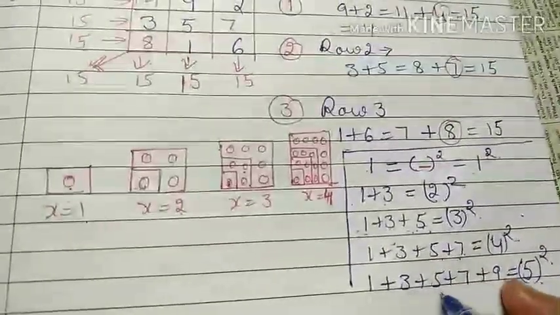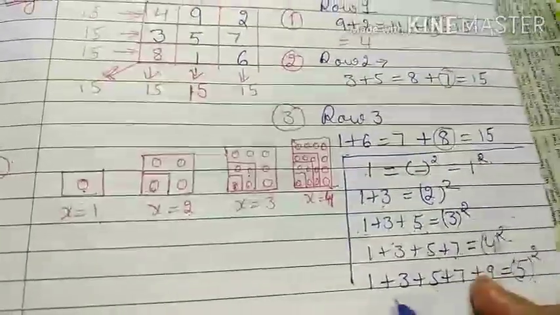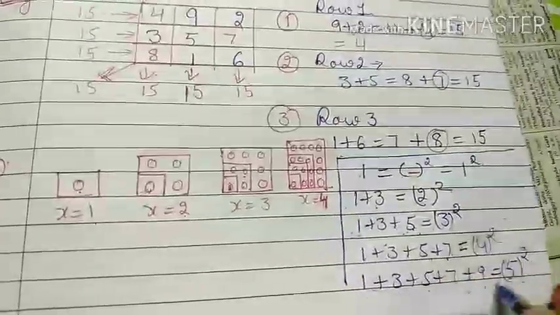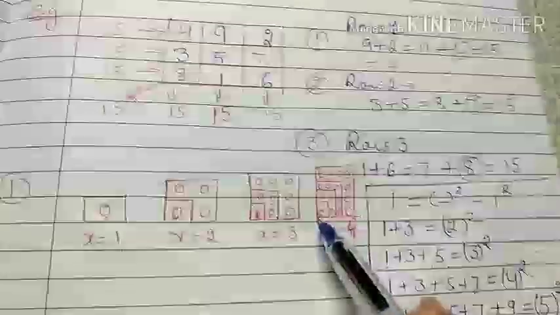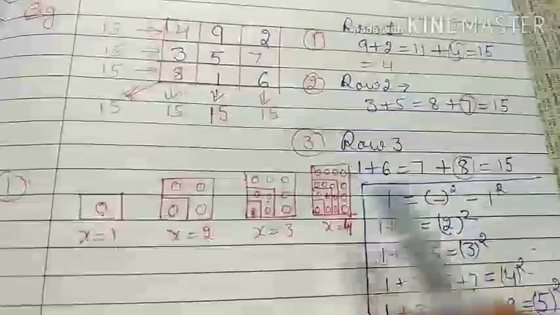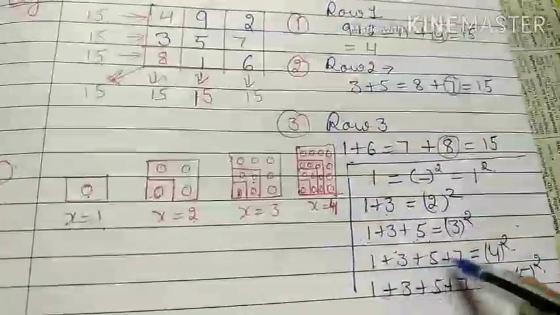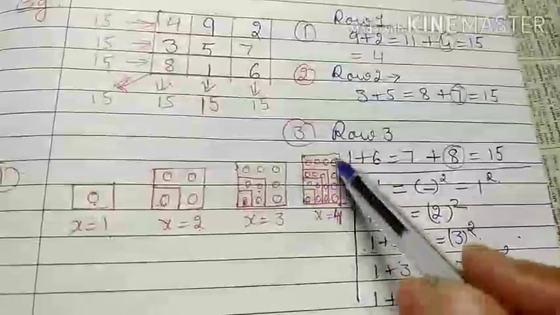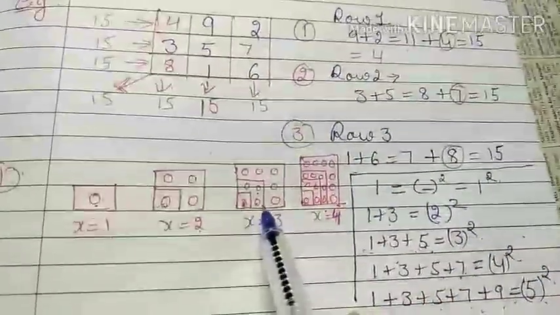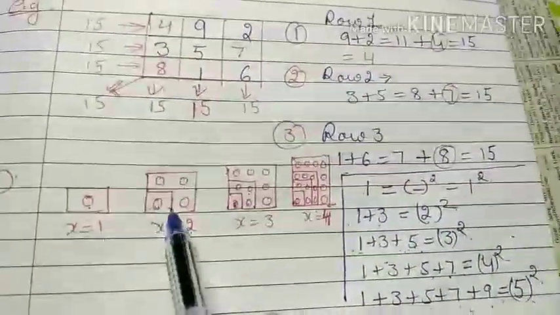Similarly 1, 3, 5, 7, 9, that is 5 odd numbers, and 5 squared is 25. So if there are 4 rows, it means 4 numbers, so the total elements will be 16 here, 9 here, 4 here, and 1 here.